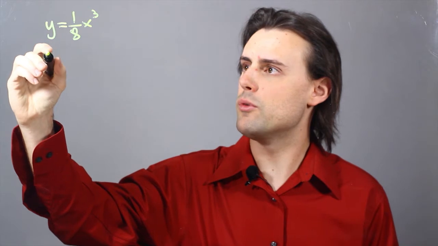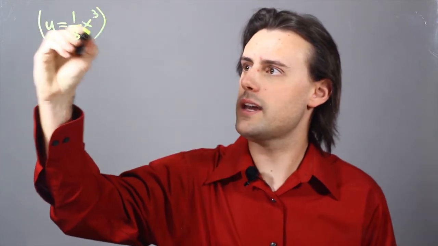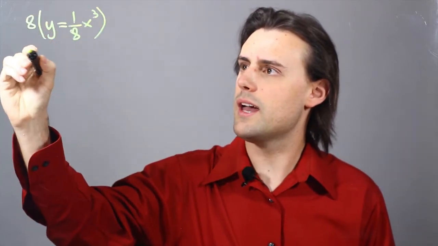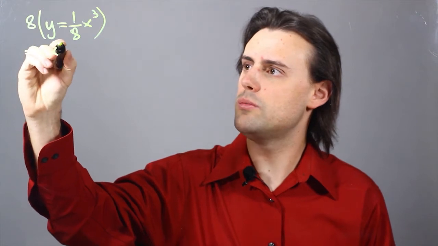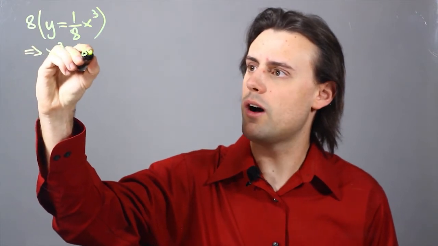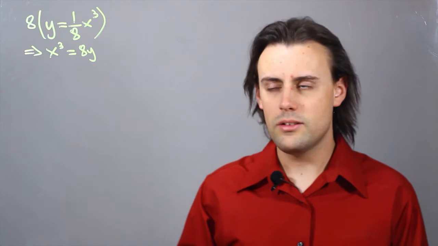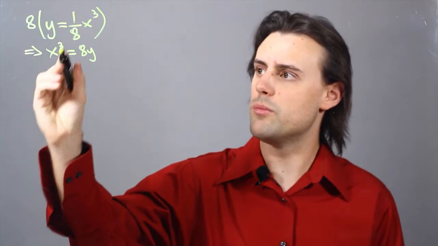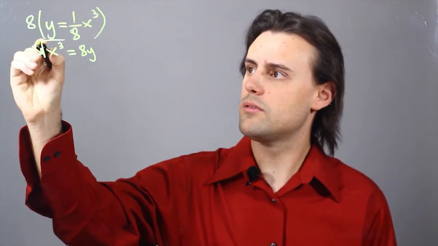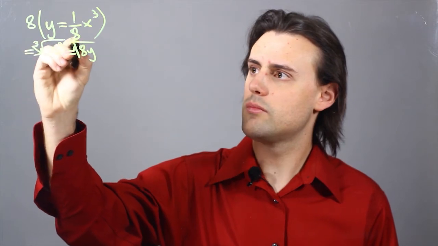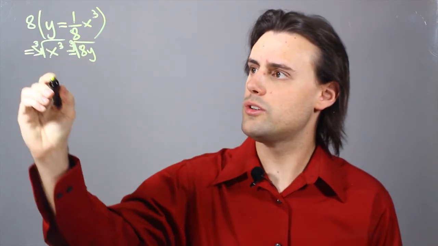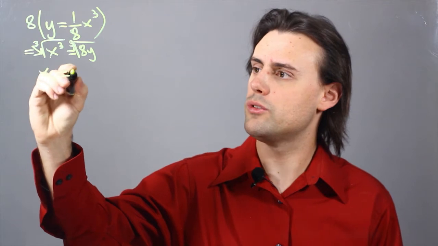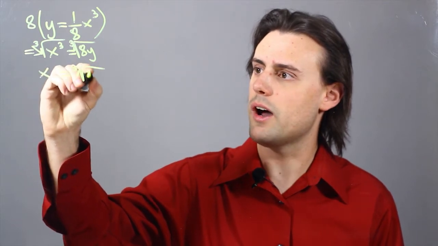To do that, we multiply both sides by 8. So we get x cubed is equal to 8y. Next, we take the cube root of both sides. So we have x is equal to the cube root of 8y.